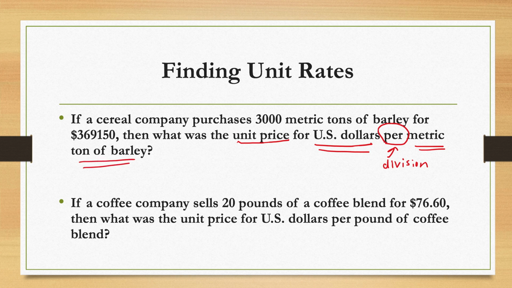So when I set up this unit rate, what I'm going to do is take the quantity that's in front of the word per, and put that on the top of a fraction. Remember, the per means division, so here's the per. And then we're going to write down what's behind the per. So this is metric tons of barley.